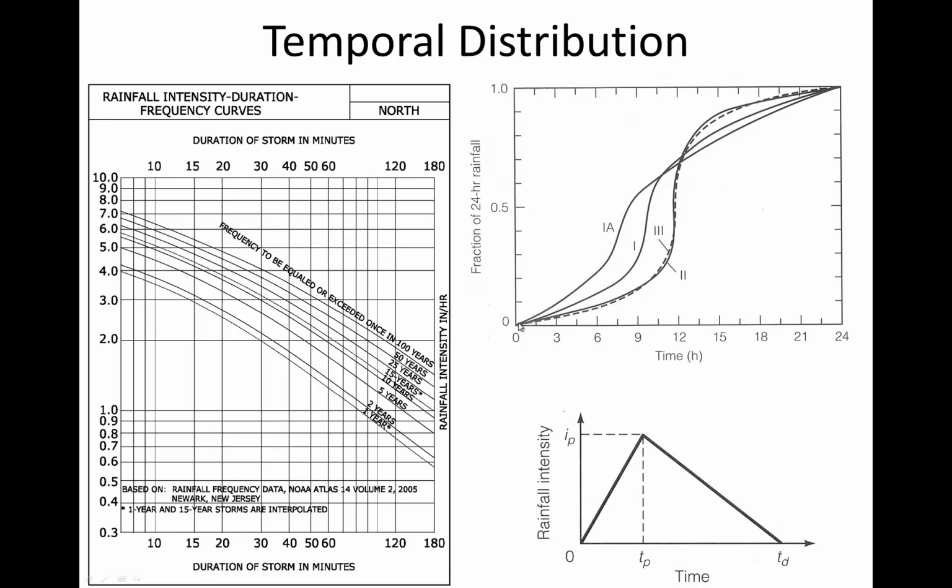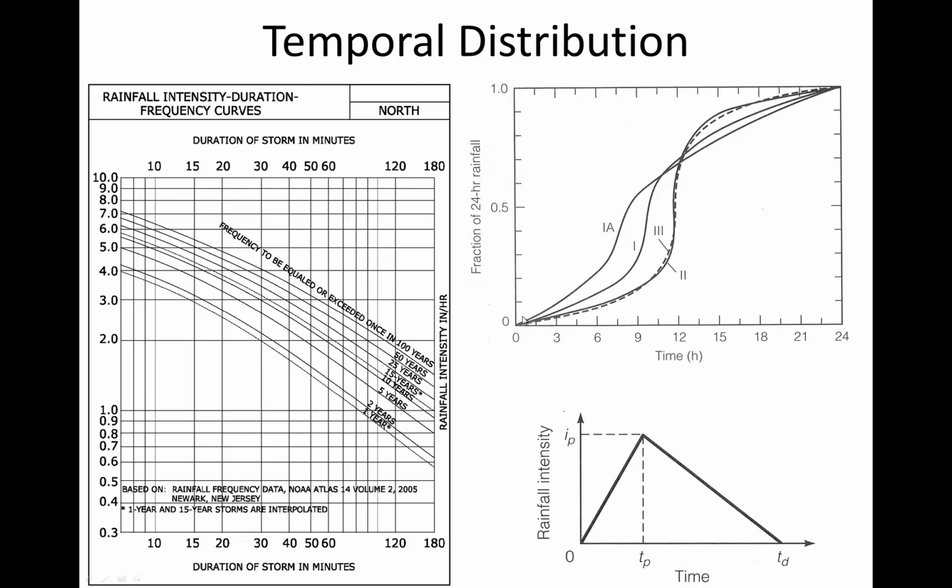What this figure is showing is that during a 24-hour storm, the precipitation on average will be relatively slow at first, and then there will be some period in the middle of the storm where the intensity is very high. This line being very steep indicates that a big depth per unit of time is being experienced, and then as the slope decreases again, that means it's just sprinkling for the rest of the 24-hour period.